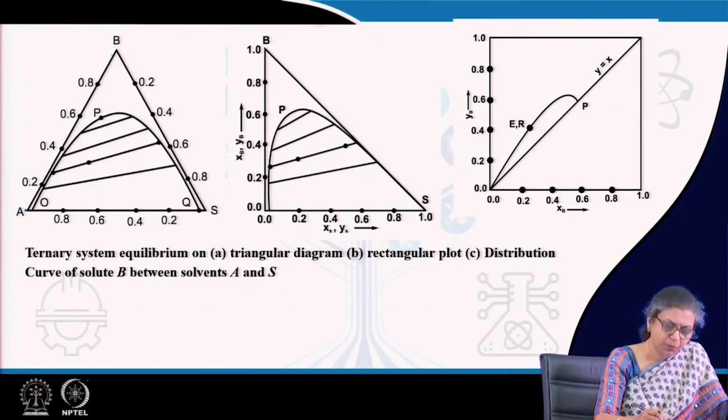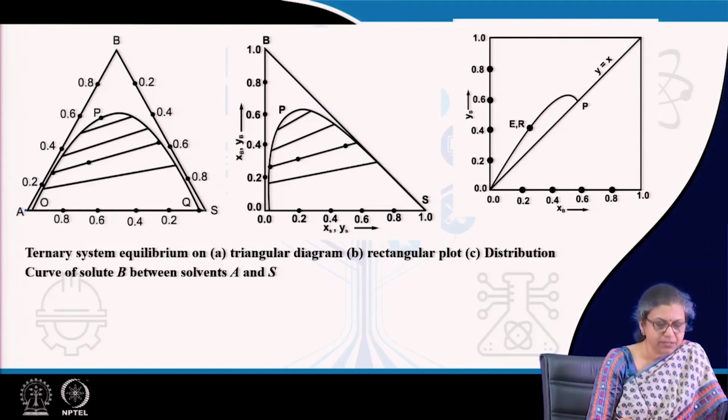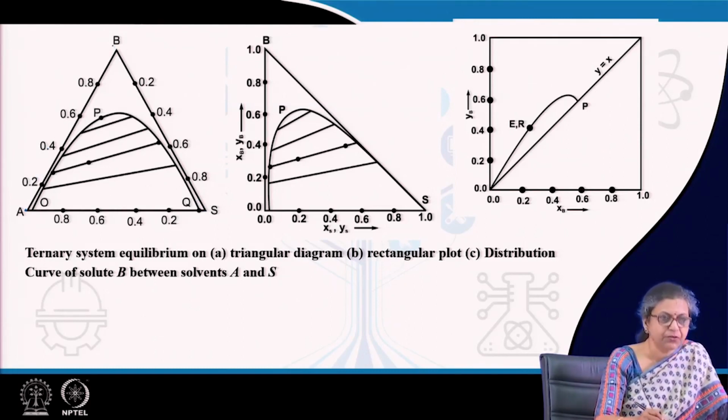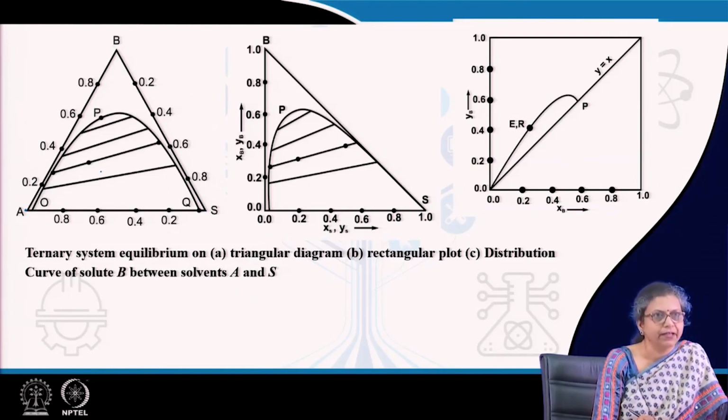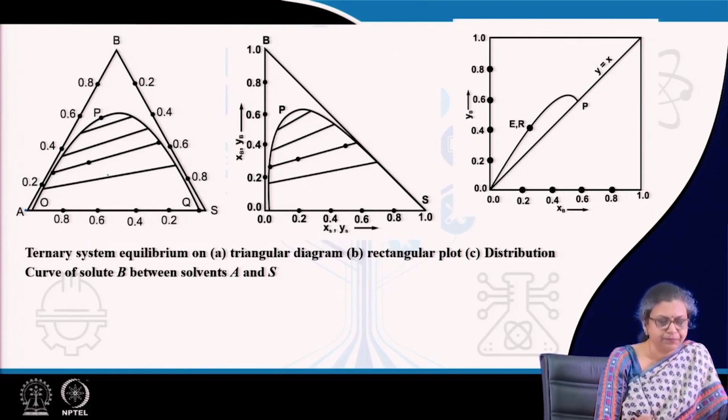As we move from A to B, we find that the proportion of B increases and the proportion of A decreases. When we add S, what happens? From this particular straight line joining A and B, we enter inside the triangle, into this particular portion, which is the three component system.